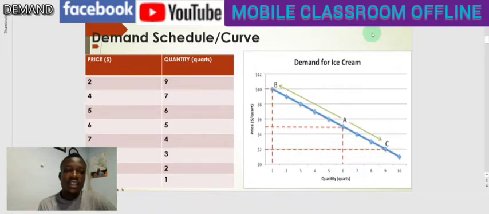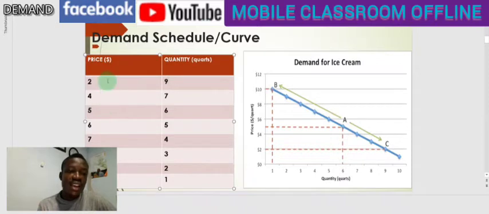Now, a demand schedule is just an arrangement of quantity and price of a given commodity. So we can have on the left hand side price in dollars and then quantity, that is in units or parts. Now you can realize that when we are having 2, the quantity is 9, and when we are having 4, the quantity is 7, and then it continues like that.